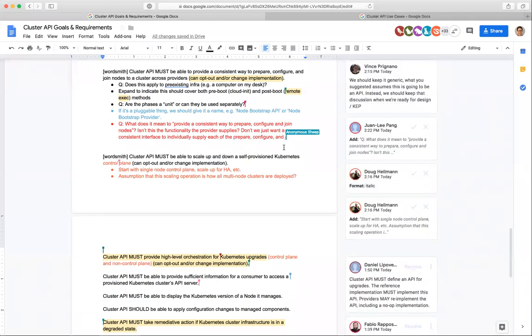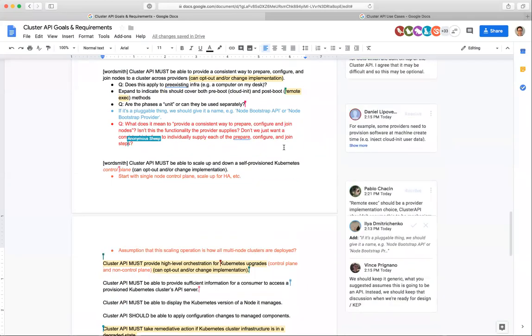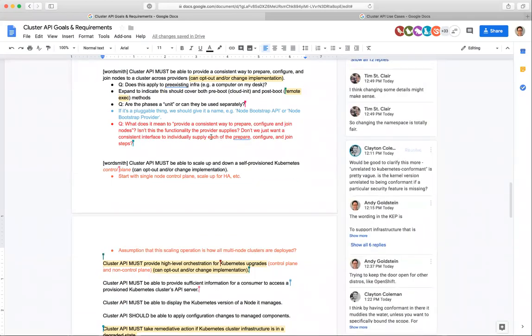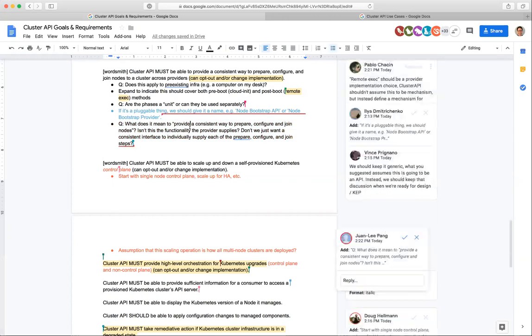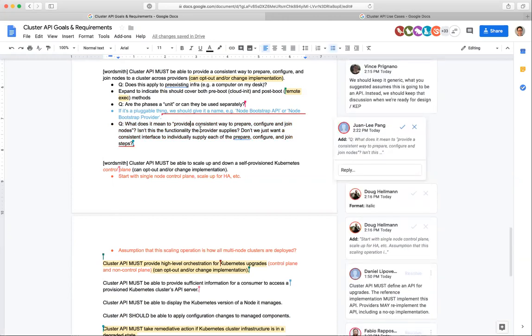So the CNI is usually kind of predetermined or semi-baked in by the provider specific configuration with options or knobs to specify, right? Yeah, I don't think we can escape CNI completely, because then we wouldn't be able to validate that we have a conformant cluster. Right.